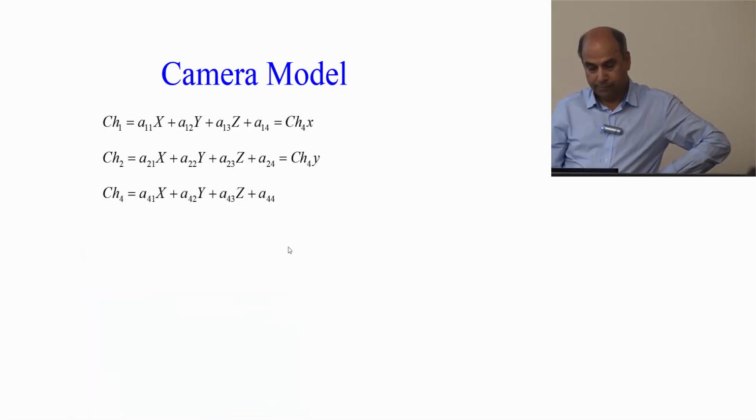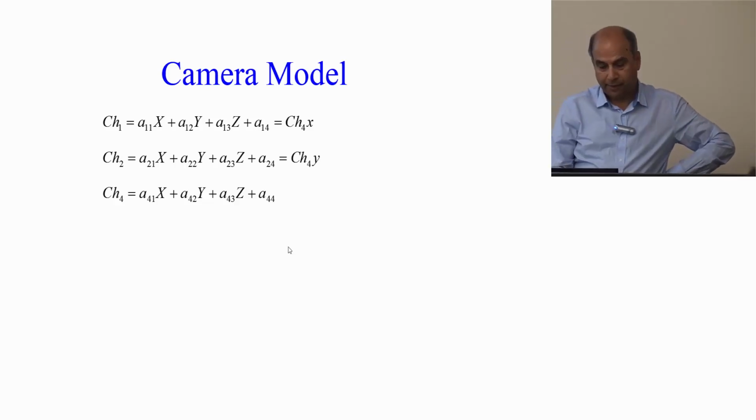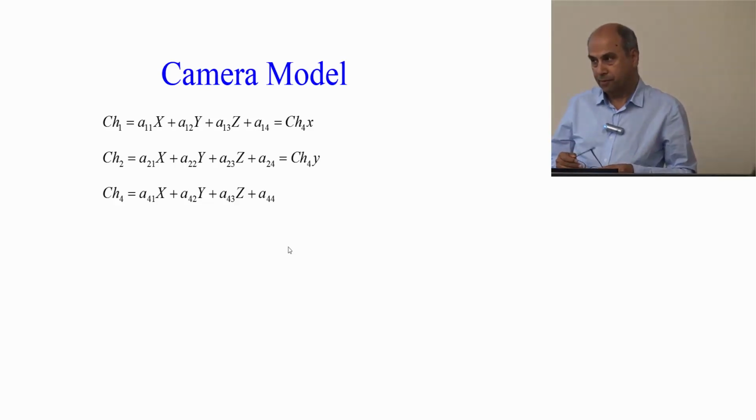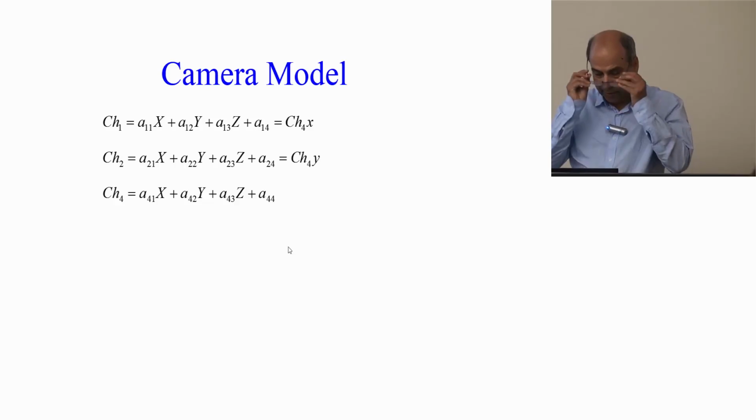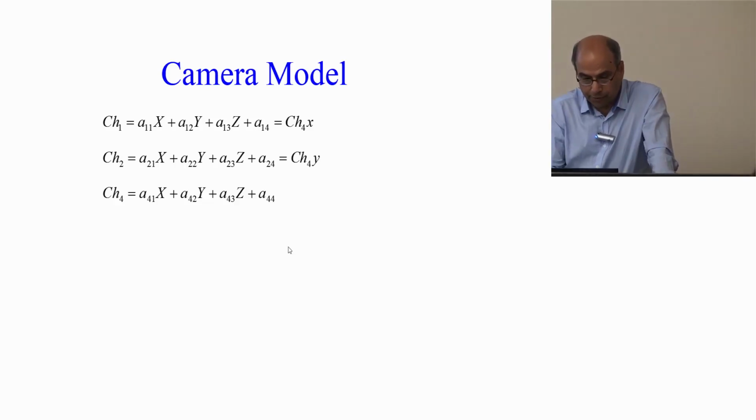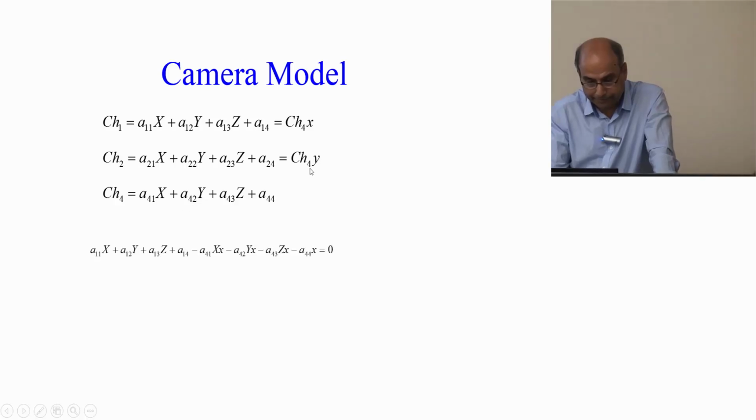Now we can simplify these further, and we essentially need just two equations, for the x coordinate and the y coordinate. We plug in this value here and this value here, so this becomes a11 X plus a12 Y plus a13 Z plus a14.